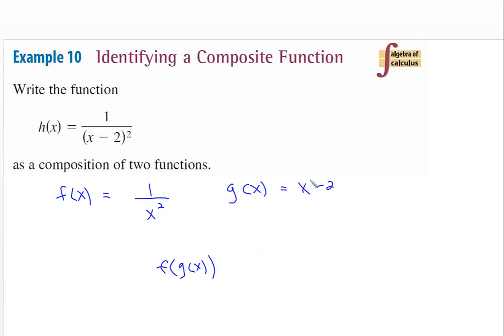If you were going to work this out, you would take the g function, which is x minus 2, you would plug it in here, and you would end up with the h function. So h of x is equal to f composed with g of x. Okay, so that's how you would write a function as a composition of two functions.